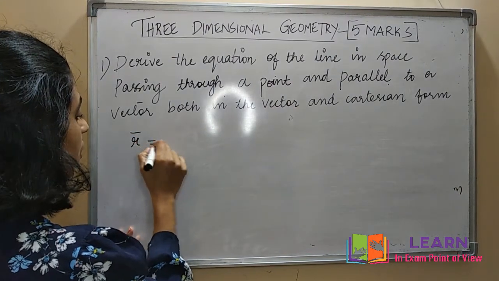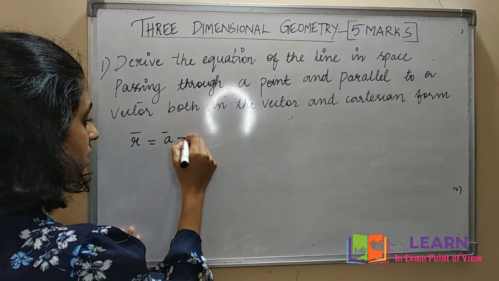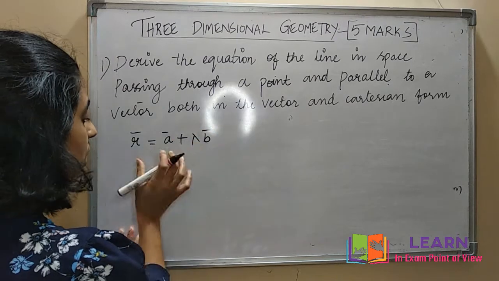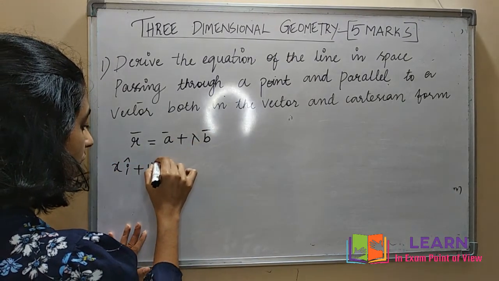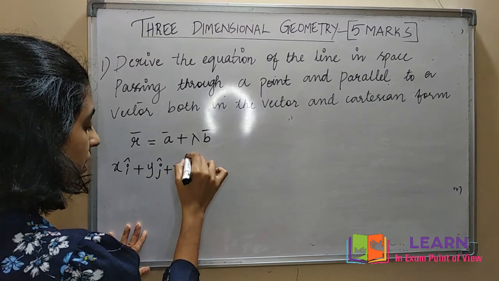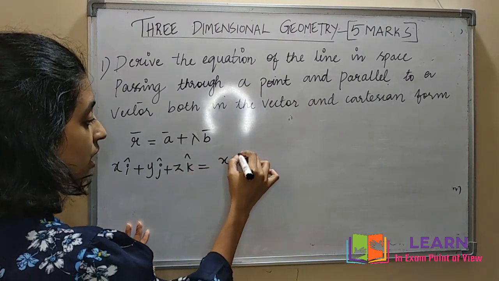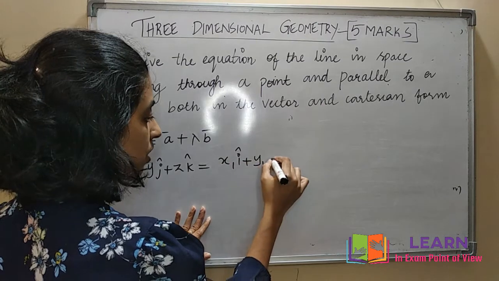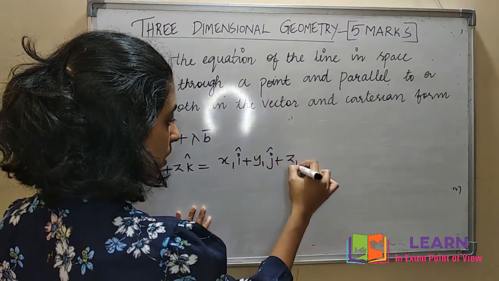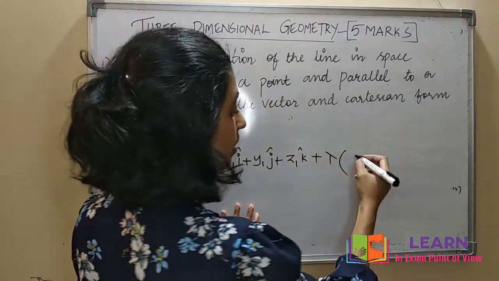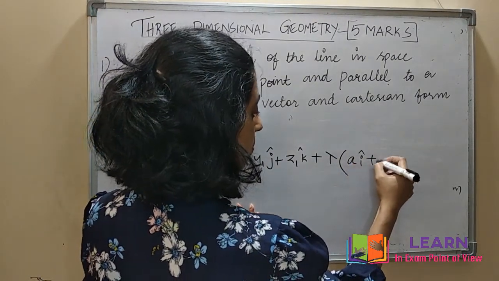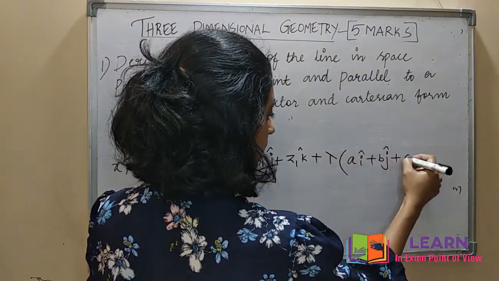So R vector equals A vector plus lambda B vector. So give the substitutions: xi plus yj plus zk equals A, which is x1i plus y1j plus z1k, plus lambda into B, which we have given as ai plus bj plus ck.